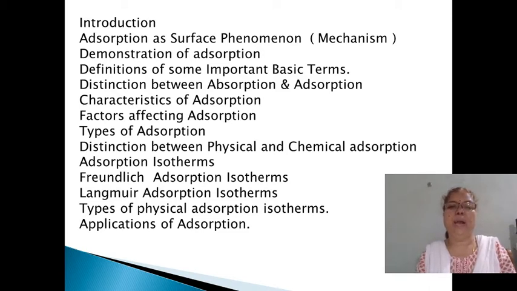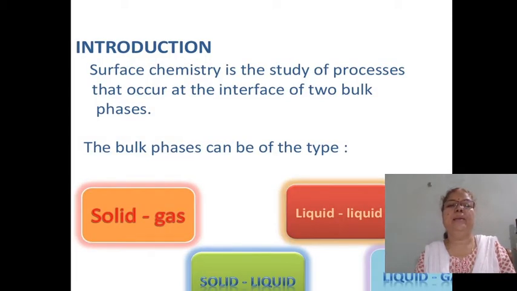of adsorption. Then, as you already know, adsorption is a surface phenomenon, and the accumulation of a foreign material or another substance on the surface of a substance is the adsorption process.